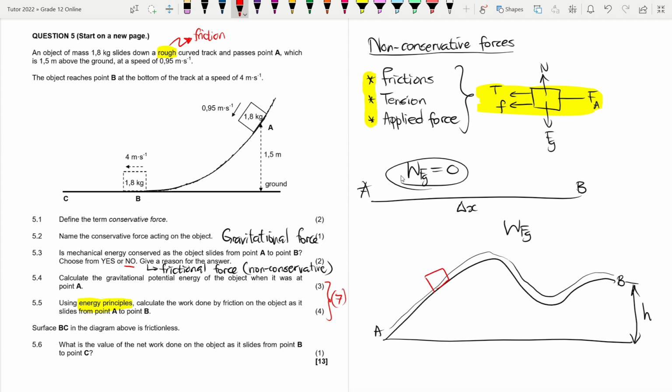Okay, let's look at the normal force. That's a good question. I'll draw the object at some four points here. If we look at the normal force, they say it's always perpendicular to the surface, right? Yes. And what do we know about the work done by a force that is perpendicular to the direction of motion?